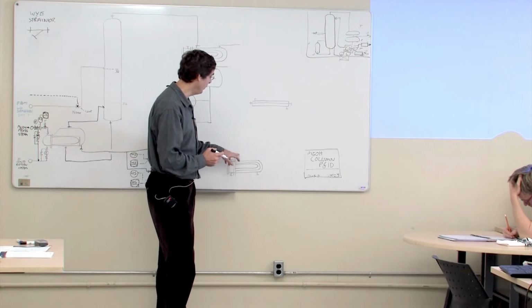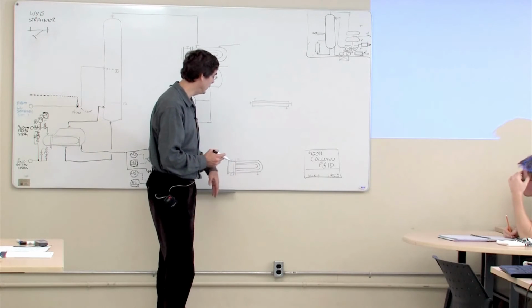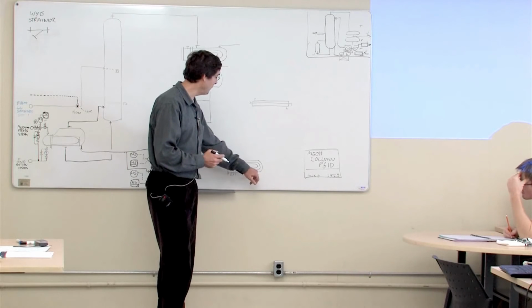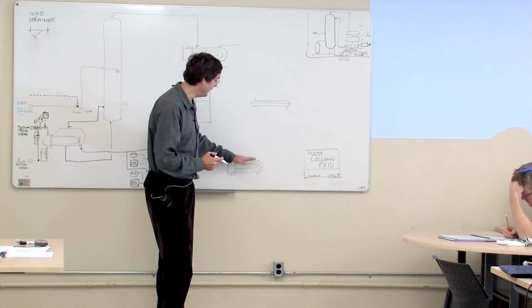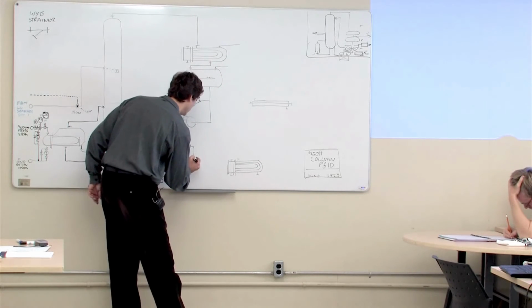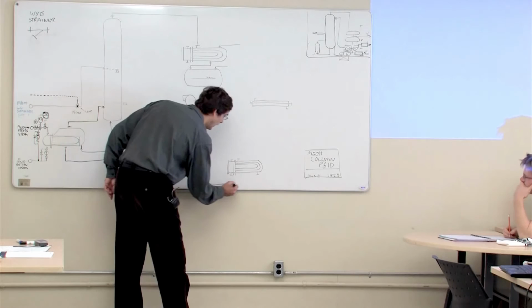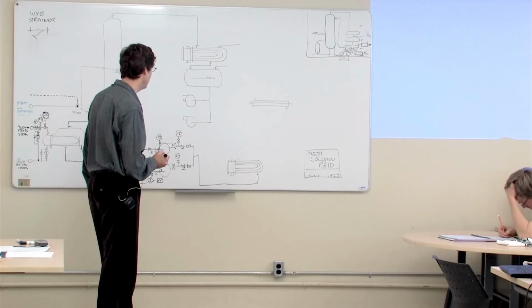You can either bring the hot fluid in and force it down through the heat exchanger or across the heat exchanger, or you can bring it in the bottom. If you bring it in the bottom, that makes sure that if the heat exchanger has got gas in it at any point in time, the gas is removed out of the heat exchanger. So I'm going to bring it in the bottom so that I do indeed get rid of any gases that might be there.